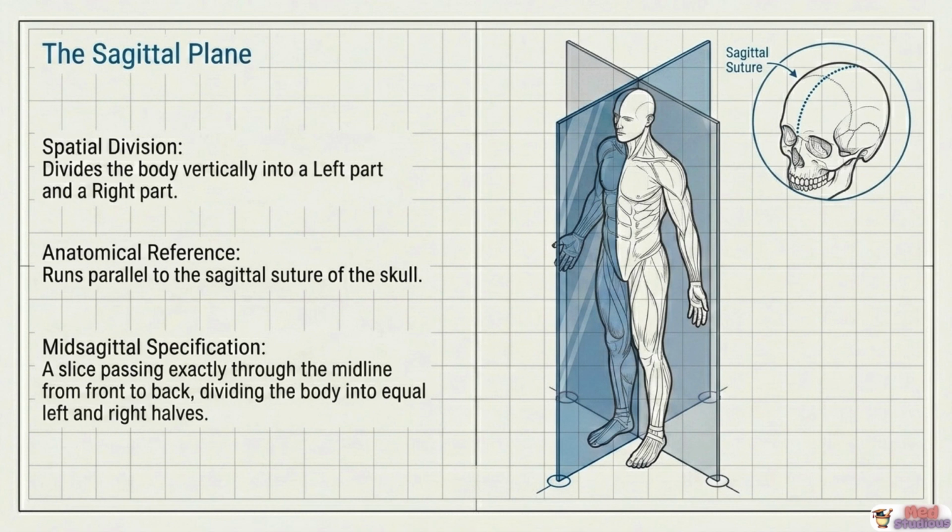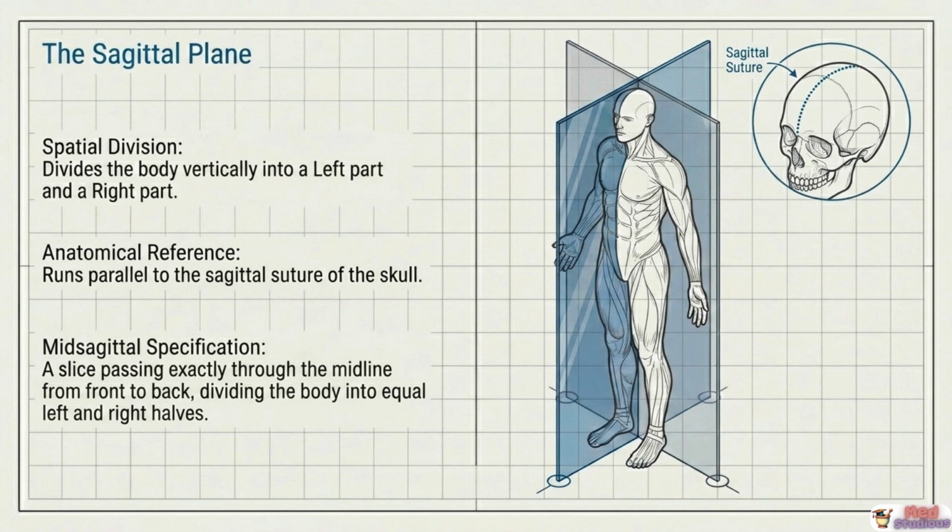When the sagittal plane passes exactly through the body's midline, from the tip of the nose to the base of the spine, dividing the body into perfectly equal left and right halves, it is specifically called the mid-sagittal plane, or the median plane. This is one of the most commonly referenced planes in clinical medicine.